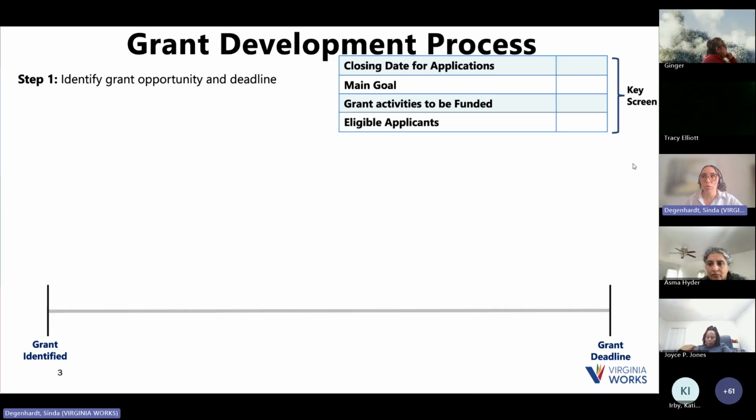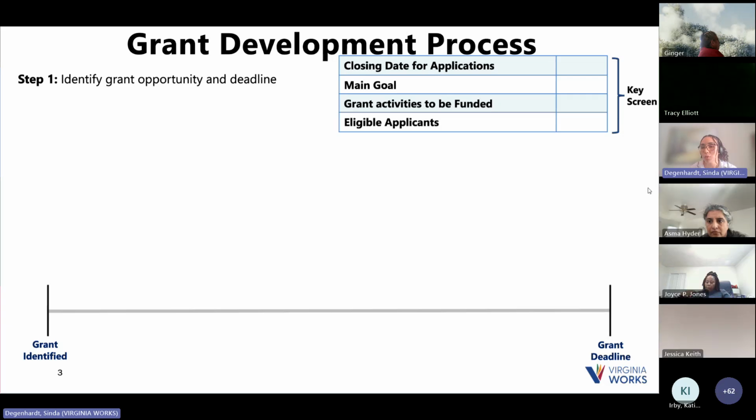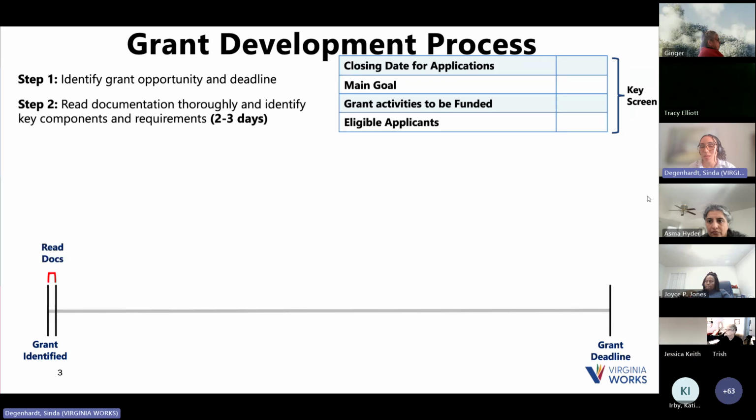You want to use these 4 primary pieces of information to help you screen through several opportunities at once to make initial lists of what funding opportunities are relevant to you. And once you identify whether or not a funding opportunity is relevant to you, what you want to do then is take a deep dive into the documentation.